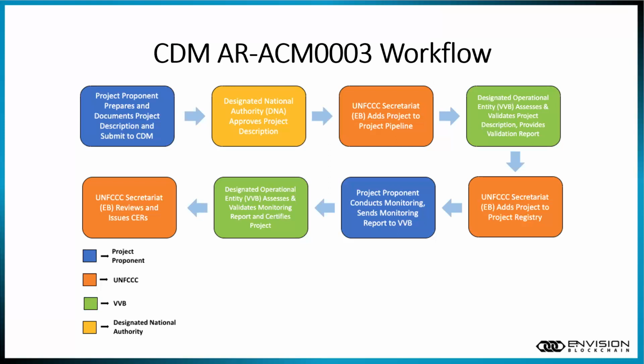Then the project proponent conducts monitoring and sends monitoring to the VVB. And the VVB assesses and validates the monitoring report and certifies the project. And finally, we have UNFCCC reviewing this documentation and issuing the CERs.